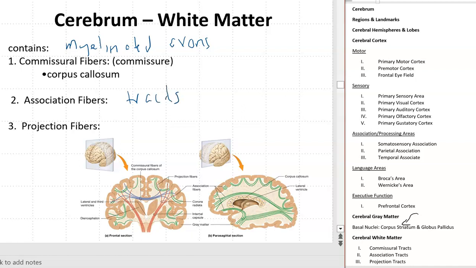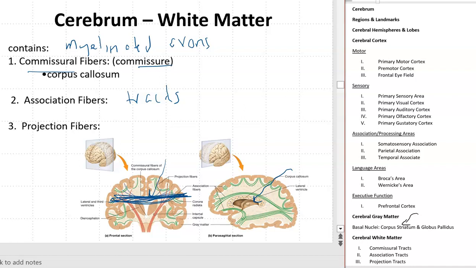So they're bundles of fibers, which means they're called a tract, and they're named according to the direction they send information. So a commissural fiber, or commissure, is a tract, and what it does, you can see it in blue down here, it relays information back and forth between the cerebral hemispheres. So it's a pretty busy tract. What we're going to see is something called the corpus callosum. You can see it here. And its job, it's white, is to relay information back and forth between the cerebral hemispheres.